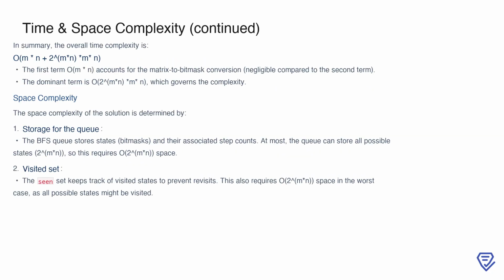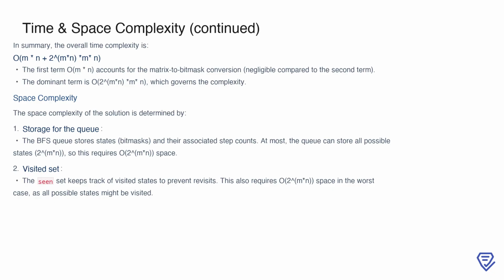In summary, the overall time complexity of the solution is m*n plus 2^(m*n) * m*n. The first term, m*n, accounts for the matrix to bitmask conversion, which is relatively negligible when compared to the second term. The dominant term, 2^(m*n) * m*n, arises from the BFS exploration, which governs the overall complexity.